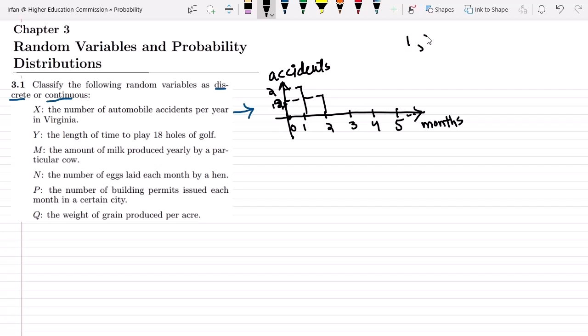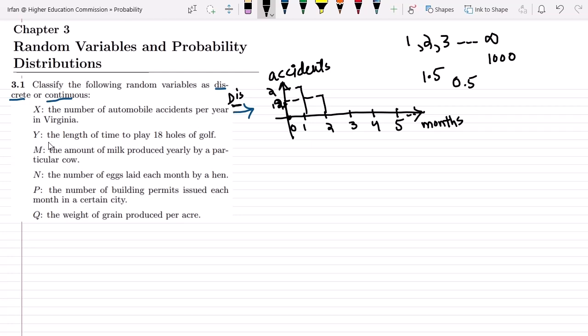These can be 1, 2, 3 up to infinity, or 1000 and so on, and it cannot be 1.5, 0.5 and so on. So this is basically the discrete random variable. It can be represented by discrete valued graphs, and therefore this X is discrete. I have been writing it here as DIS.